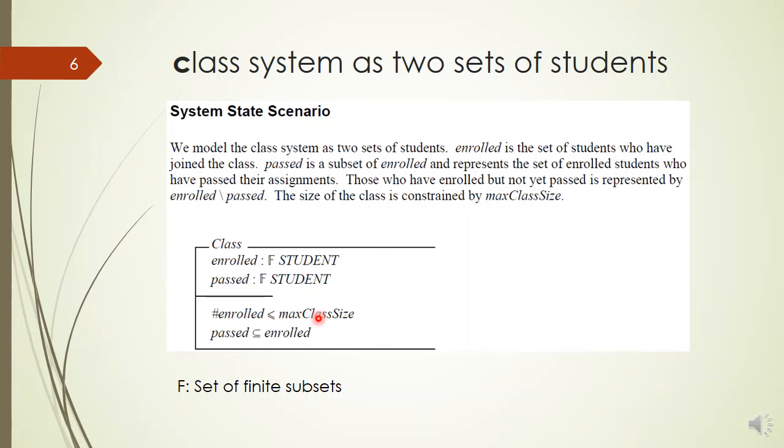The first invariant property is that the number of enrolled students must not exceed the max class size, and it's quite a natural property that enrolled students should be less than or equal to the size of the class. The second property, the students declared passed must be enrolled. So the passed set must be a subset of the enrolled set.